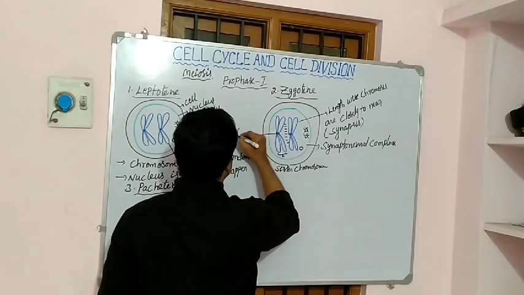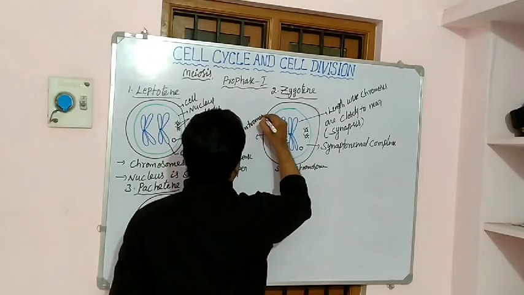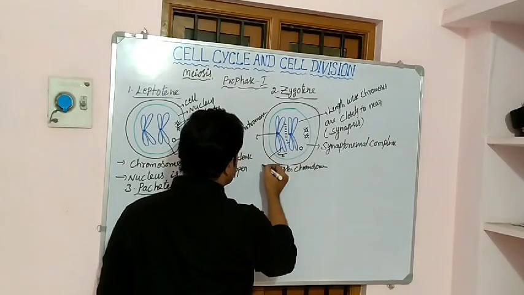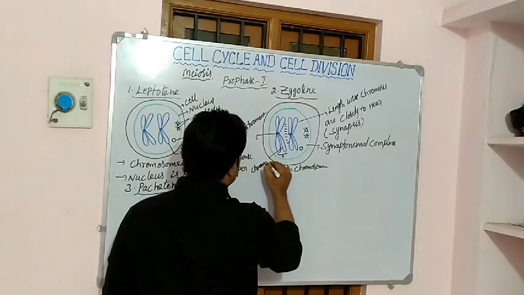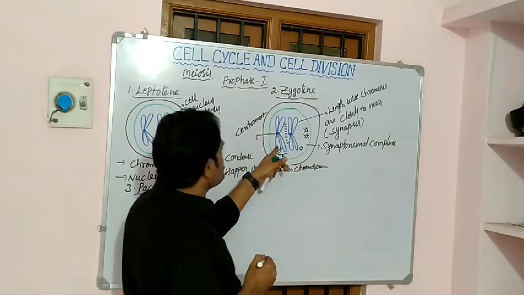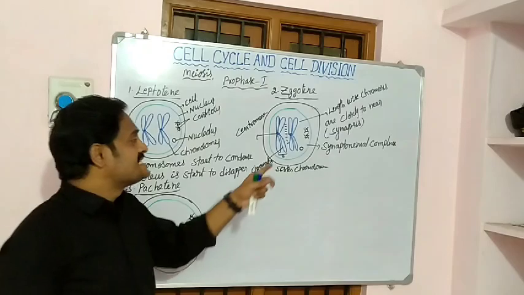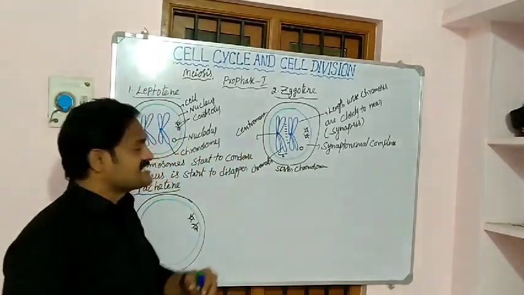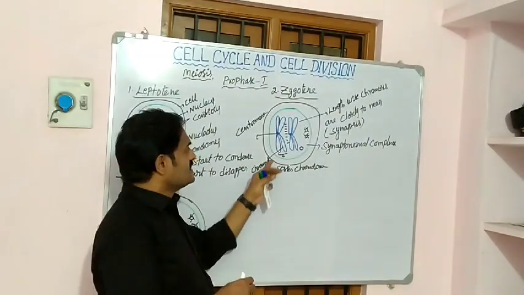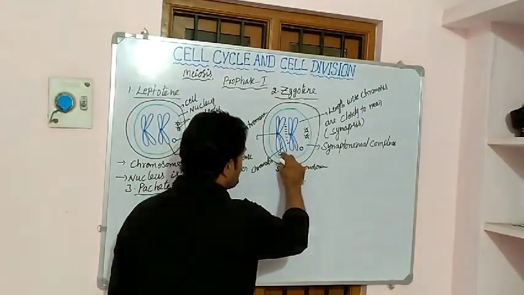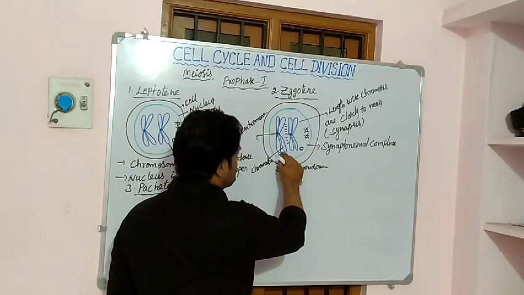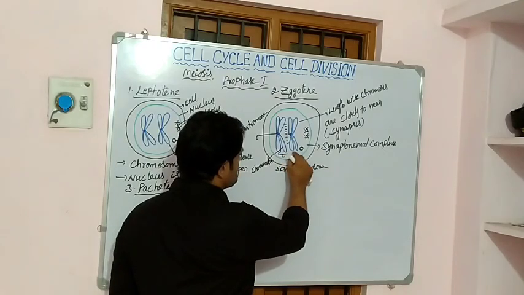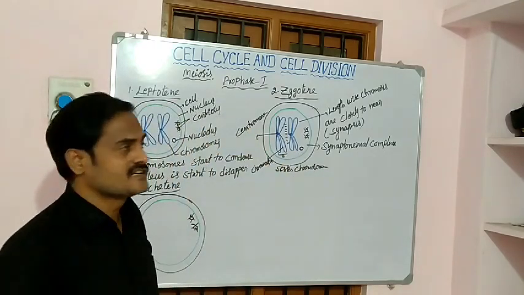this is called the centromere. Remember, the two chromatids attached to the same centromere are called sister chromatids. But compared to these two, these other two are non-sister chromatids.